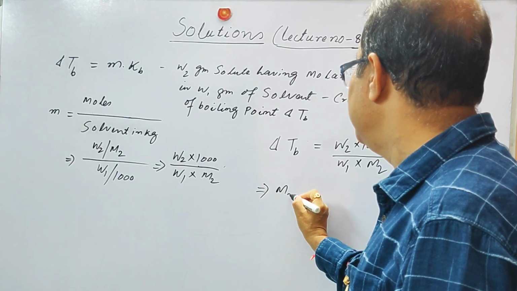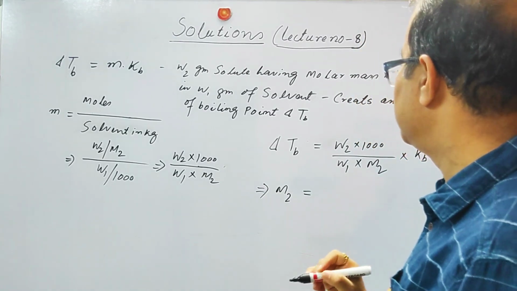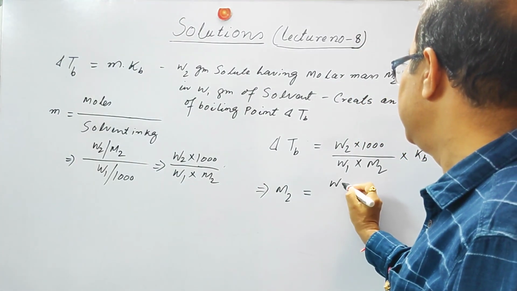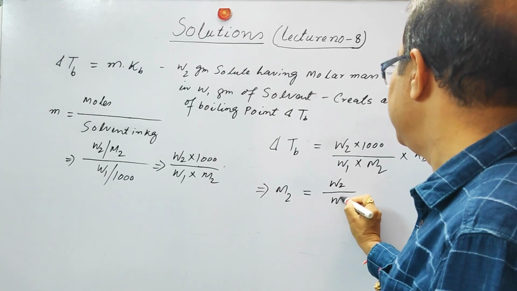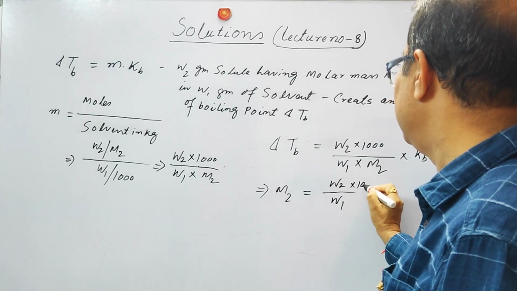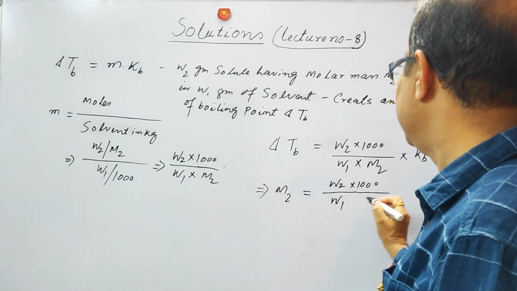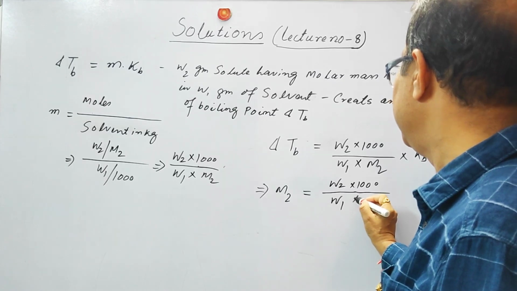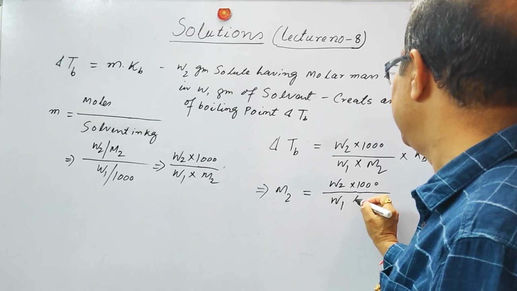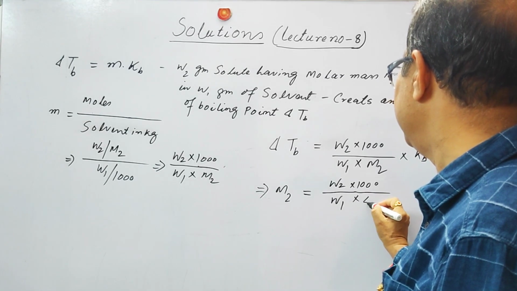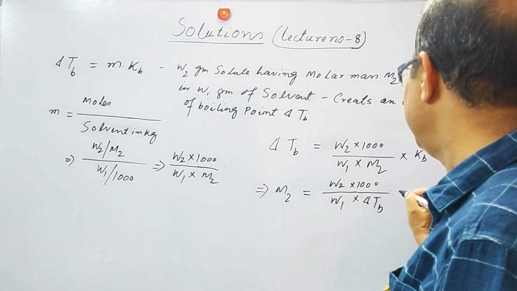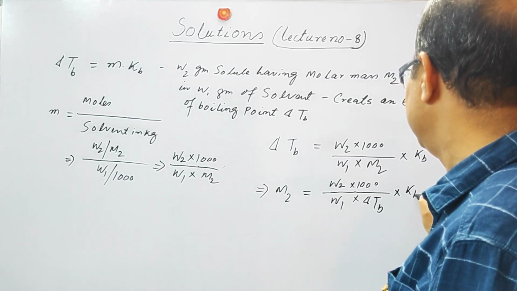So M2, that is the molar mass of the solute, you can write as W2 by W1 into 1000 into Kb divided by delta Tb.